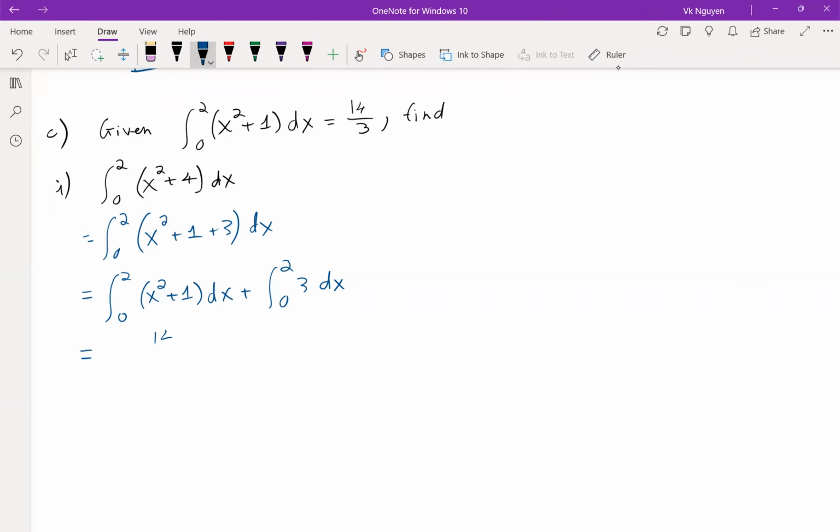So now we have 14 over 3 plus 3 times 2 minus 0. So 14 over 3 plus 6. I'm going to multiply the 6 by 3 over 3. So 18. 18 plus 14 is 32 over 3.